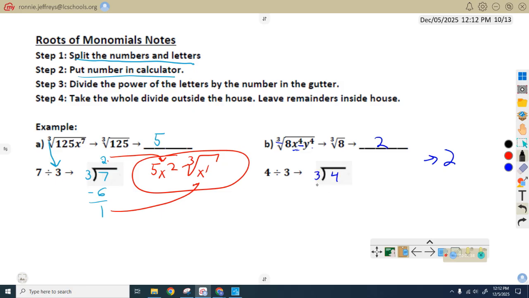So how many times will 3 go into 4? Once, with a remainder of 1.